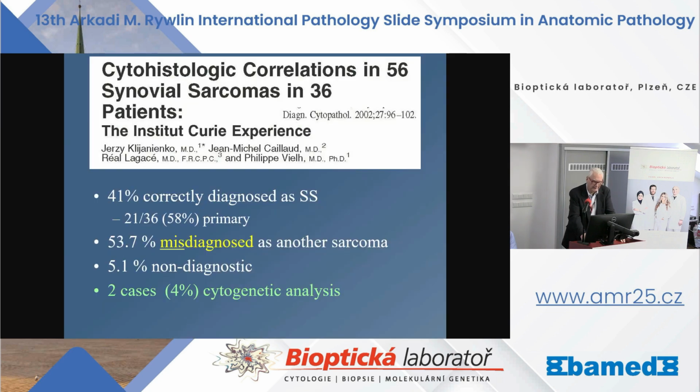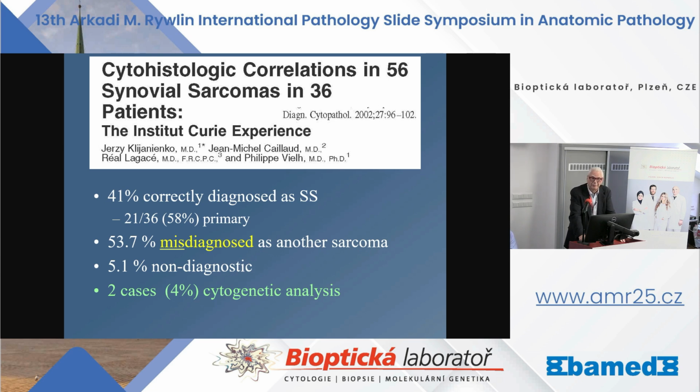This paper is from 2002. Actually, the same year where I gave that first talk at the first AMR seminar. These are very well known for those of you who read the cytopathology literature. These are very well known cytopathologists. My good friend Philippe Viel, who's a senior author at the Institut Curie, less than 50% of their cases of FNA were correctly diagnosed.